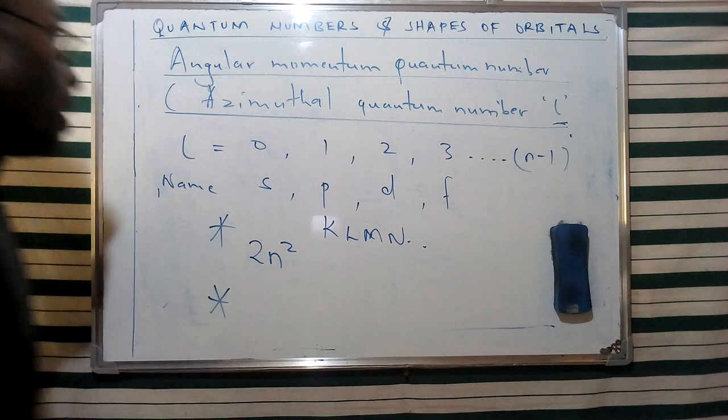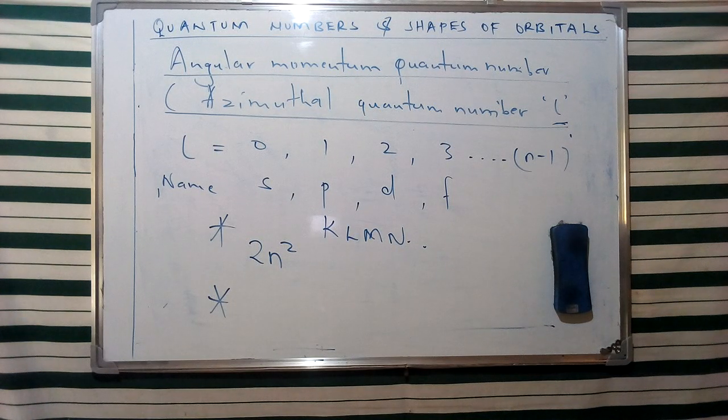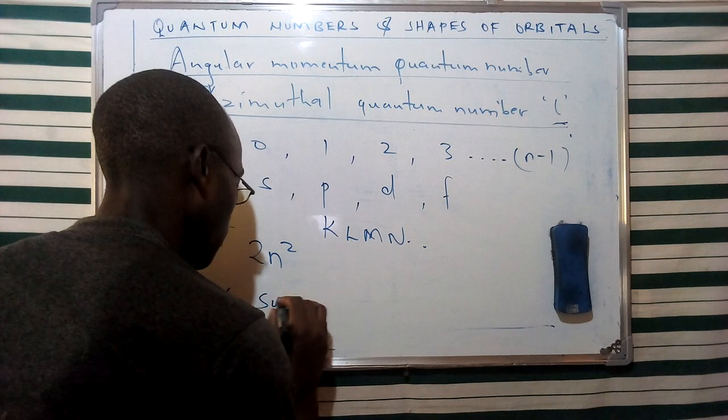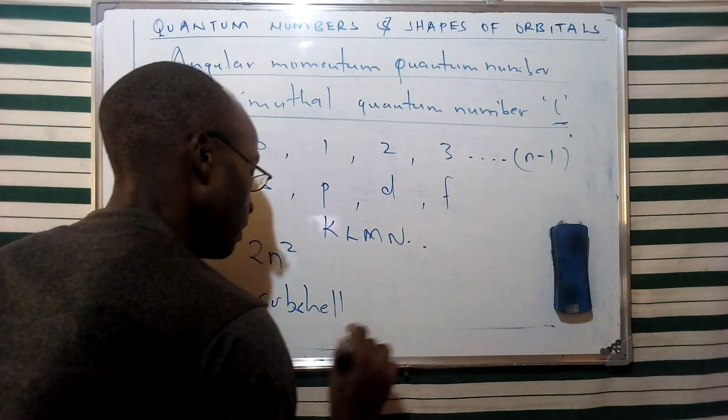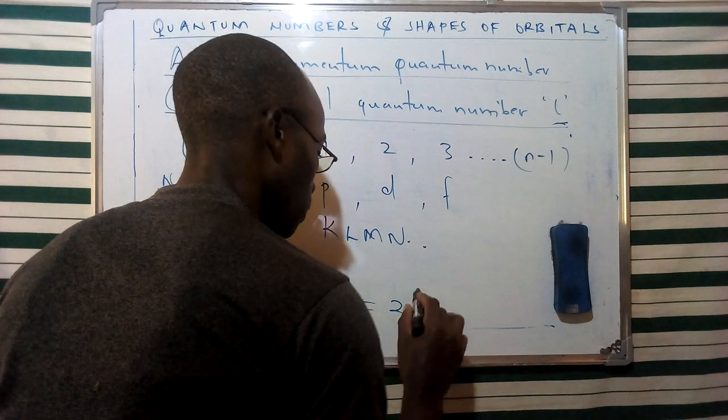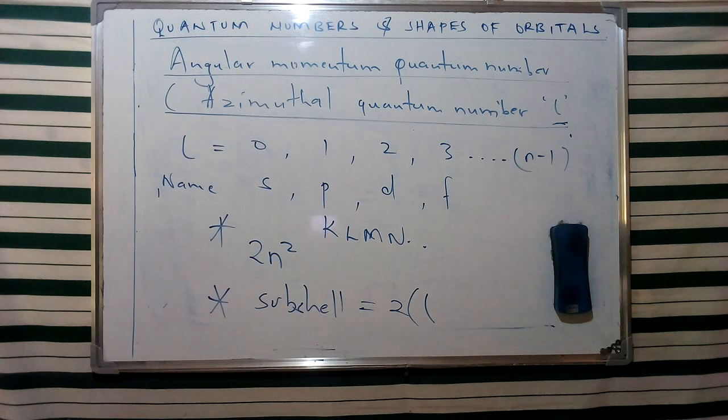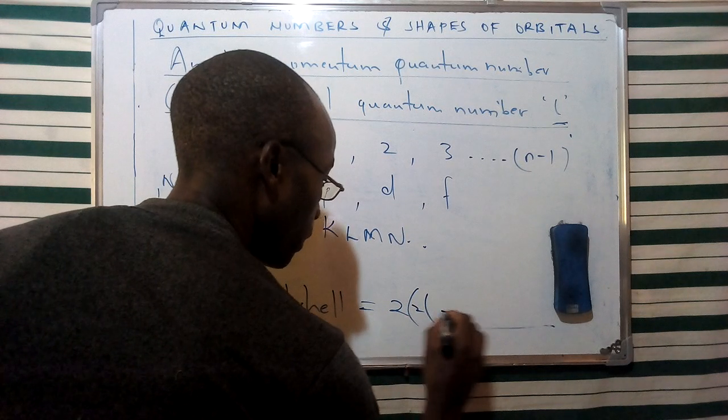Now in this case, for the angular momentum quantum number, we can describe the maximum number of electrons in the subshell using this specific notation. This is going to be equivalent to 2 times (2l plus 1).